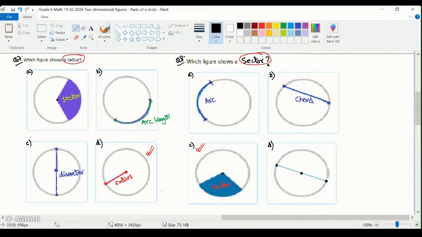Because a chord does not pass through the center, right? A chord does not pass through the center. And what passes through the center is known as a diameter. Agreed?